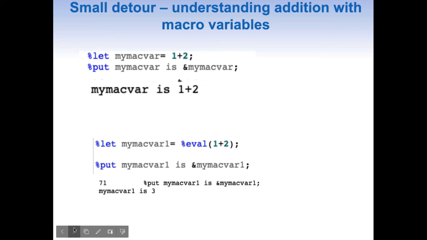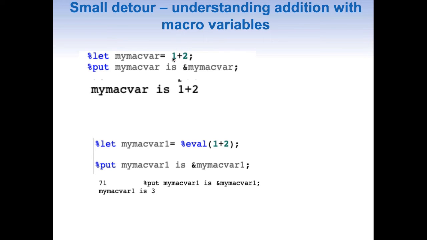Now I can define my macro variable by the percent let statement as my mac var equal to 1 plus 2, and if I want to see this my mac var value I can use a percent put statement and I can reference my macro variable by using ampersand my mac var, and the result here we can see is 1 plus 2.